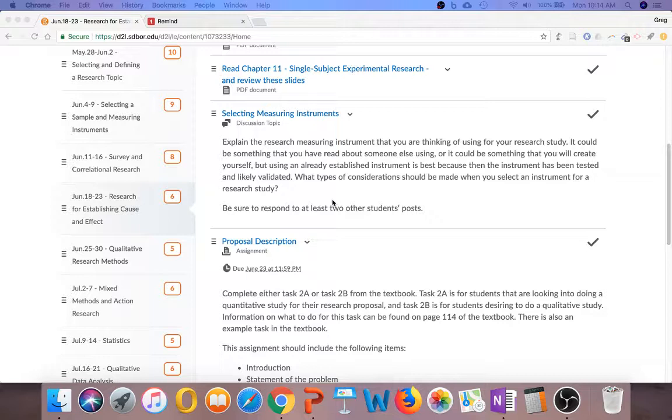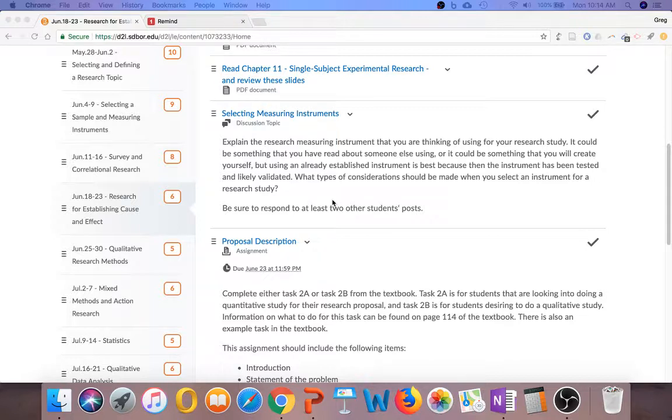Or if there's a good reason, maybe you could also just create your own instrument to measure those things, although that's again not as strong because it hasn't been validated by someone else and used by someone else yet. So that's something to talk about this week.